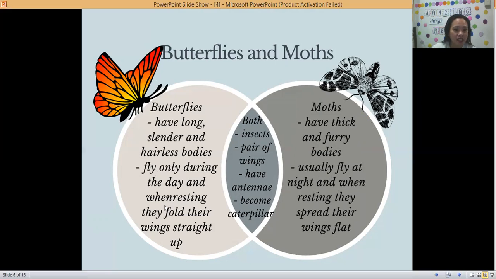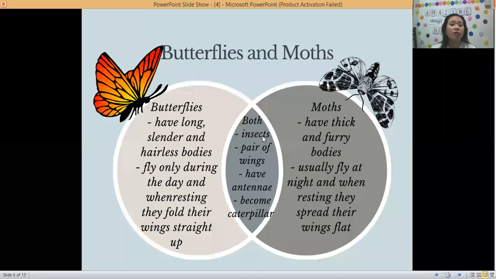And when resting, the butterflies fold their wings straight up, while the moths spread their wings flat. And then these are the traits of both: both are insects, both have a pair of wings, both have antennae, and both become caterpillars.